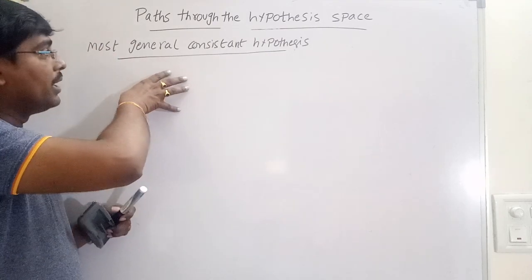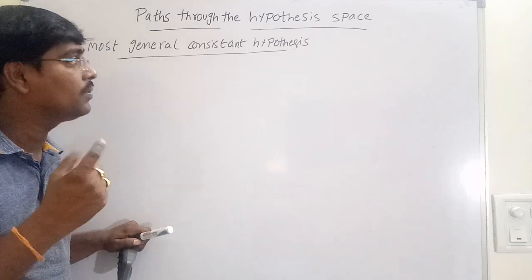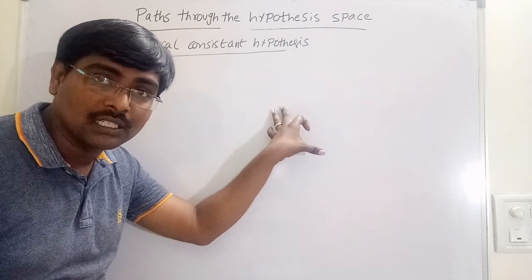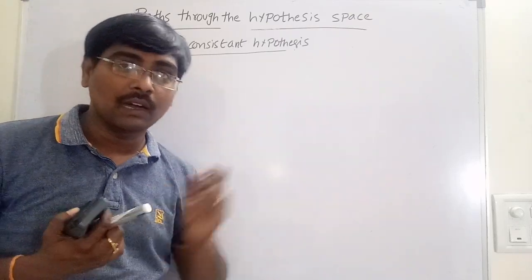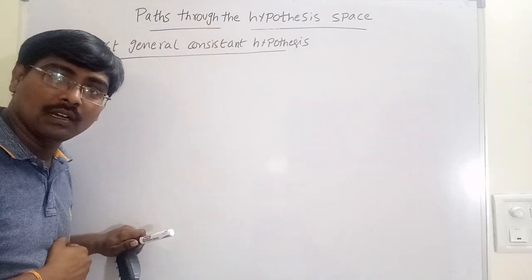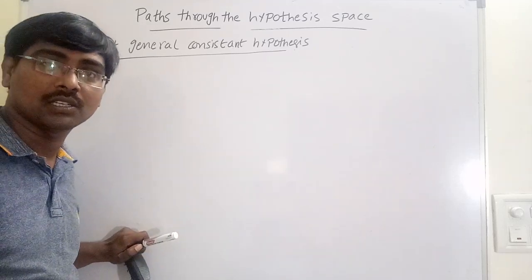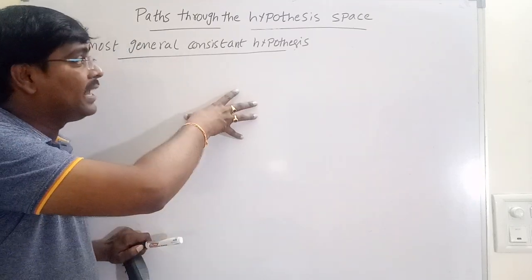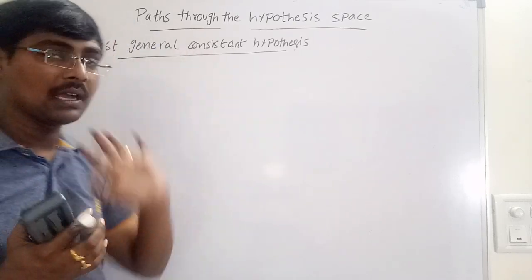That means to identify the most general consistent specialization of a given concept that covers all the positives, and among those most general consistent specializations we have to find a minimal specialization. Okay, we have many most general consistent specializations. Among those we have to identify the minimal specialization that covers the positives.